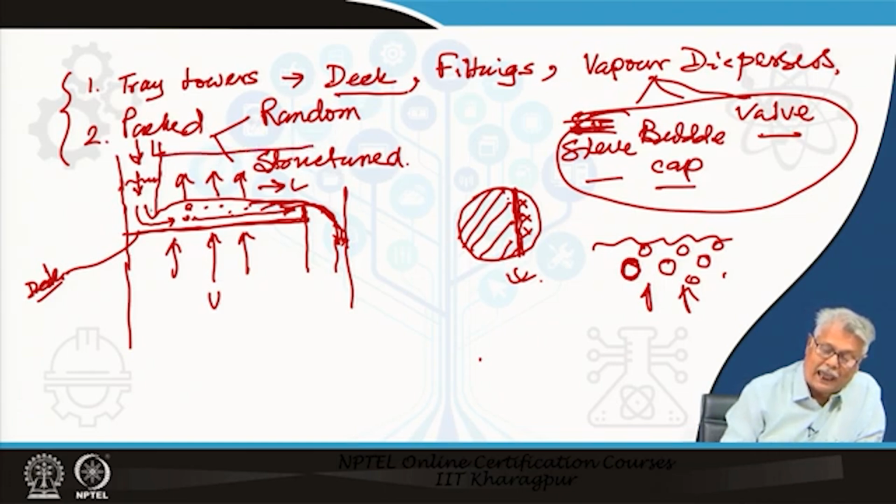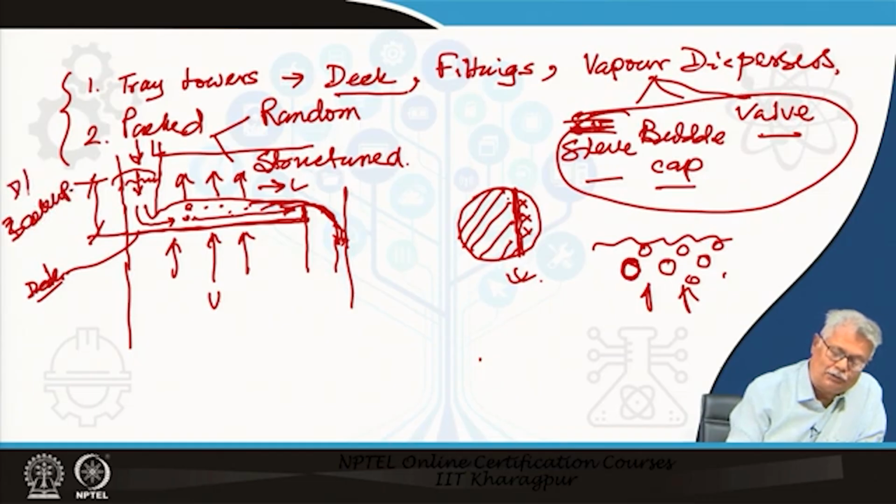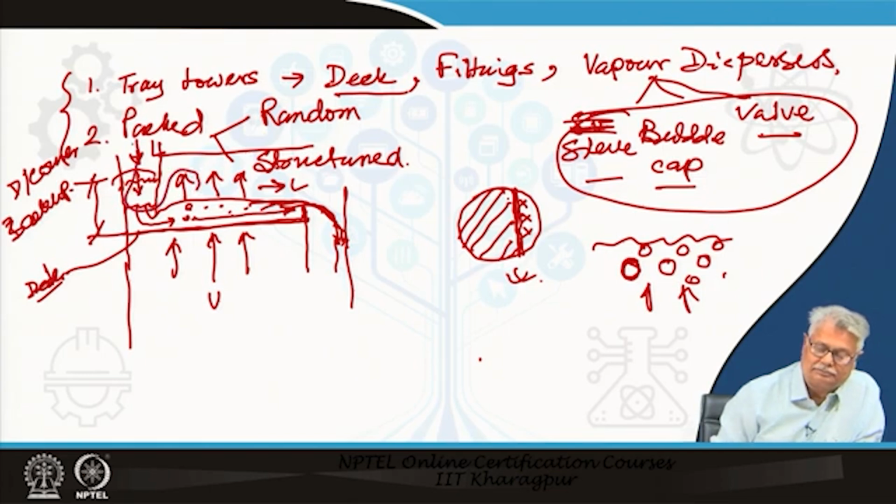If I have a very little amount of level in this particular downcomer, and this depth is called the backup, or the downcomer backup, this particular depth, it is also possible that part of the gas will start short circuiting through this.